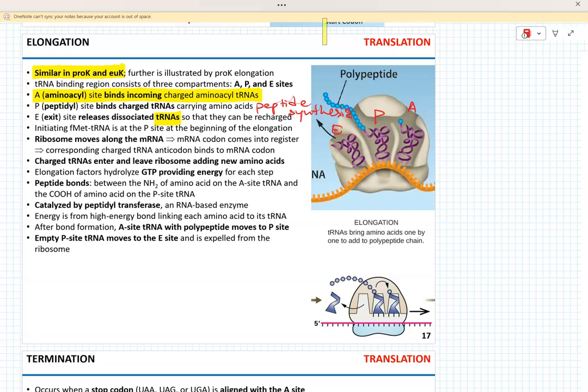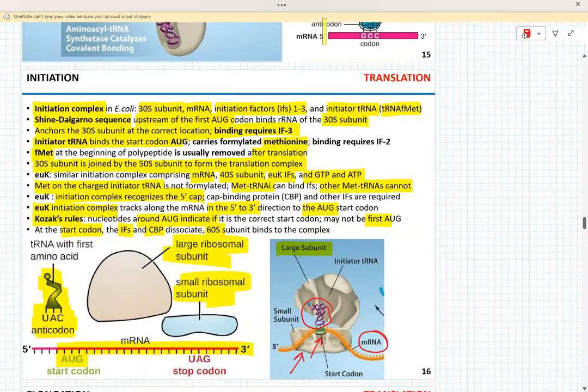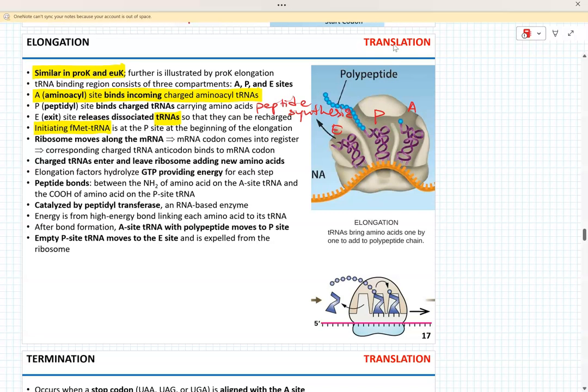At the beginning of elongation, the initiating formylmethionine tRNA is located at the P site. The ribosome starts moving along the mRNA, and the codons enter the A site, and then the corresponding tRNA, which has the matching anticodon, binds to the codon in mRNA.